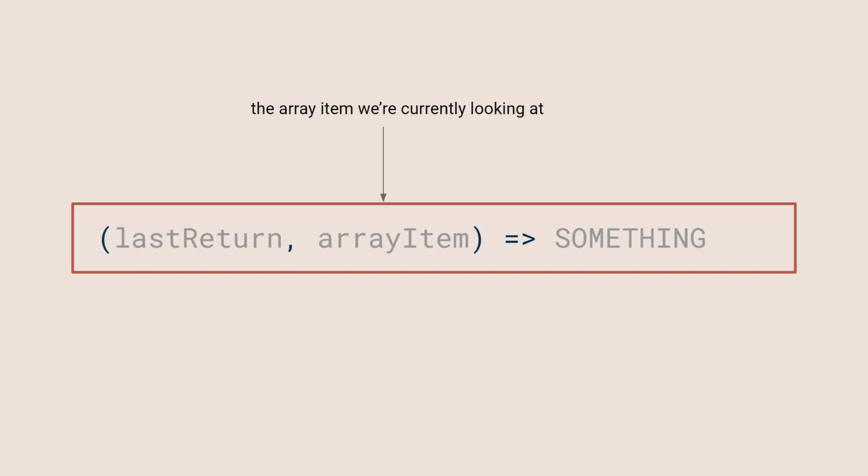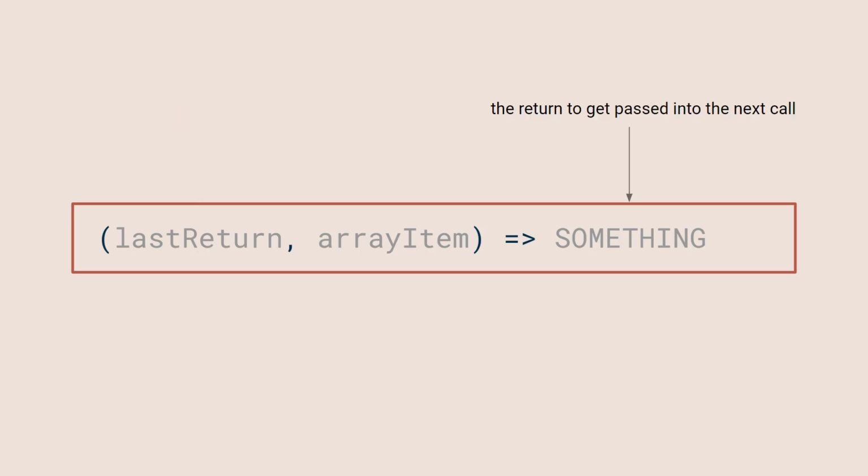The array item parameter gets the array item we're currently looking at, whereas the last return parameter gets what was returned from the last call to this function, which means that something over there at the end of this function, that is what was returned, that is what gets passed into that next call.